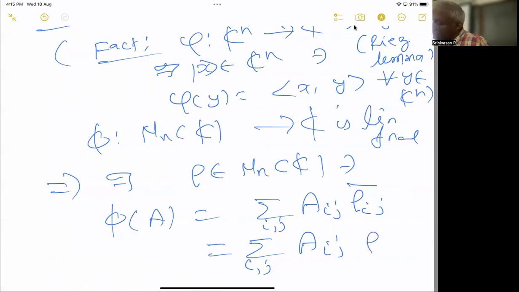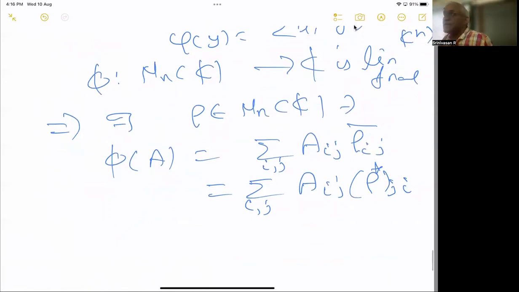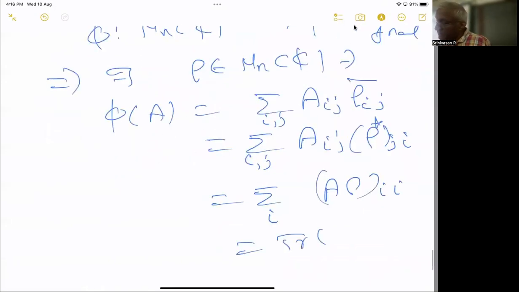Rho star is rho, so it doesn't matter. If you want rho star, rho star is the bar of the transpose, so it doesn't matter because rho star is rho. So this is just the summation of A rho, which is equal to just trace of A rho.